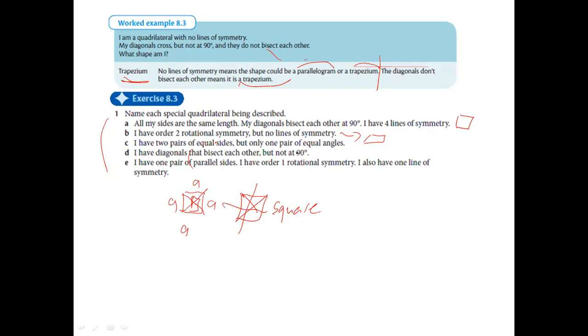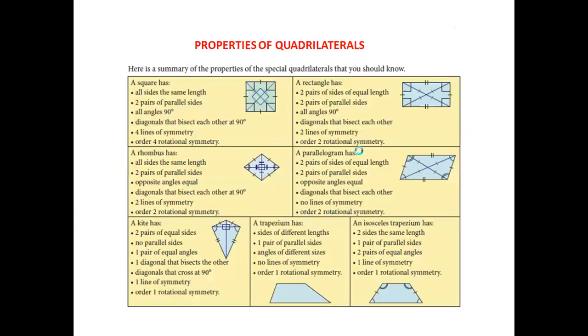And I want to solve another one, for example, E. I have one pair of parallel sides. I have order 1 rotational symmetry. I also have 1 line of symmetry.